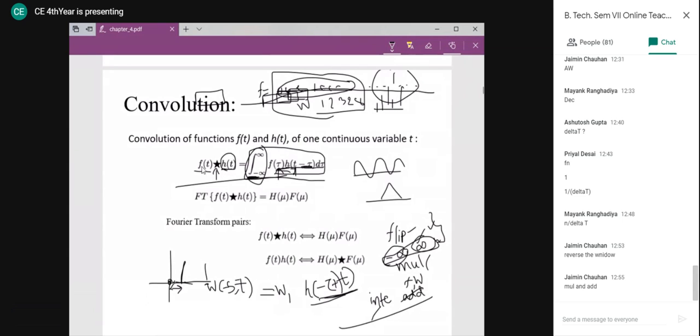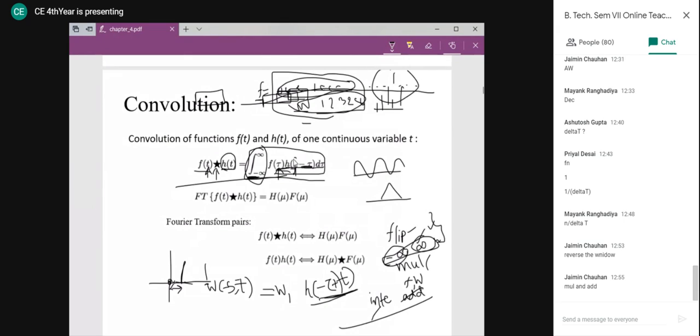Okay. Now, my t. What is this t? If you remember, I was shifting. This shifting was not done from minus infinite to plus infinite. Why? Because there was no existence of my functions f and w, and if they are not existing, there is no meaning of multiplying them and adding them.